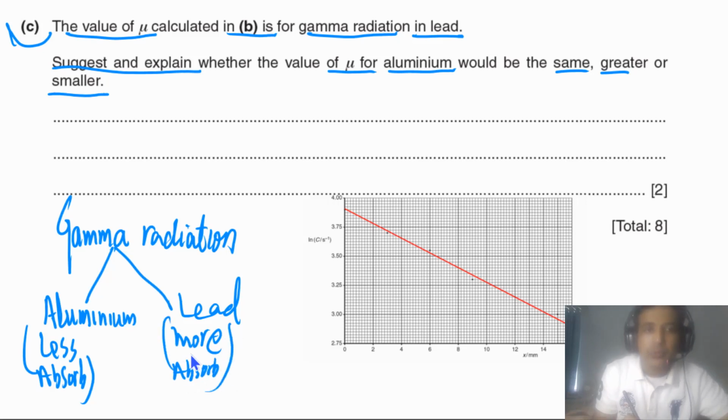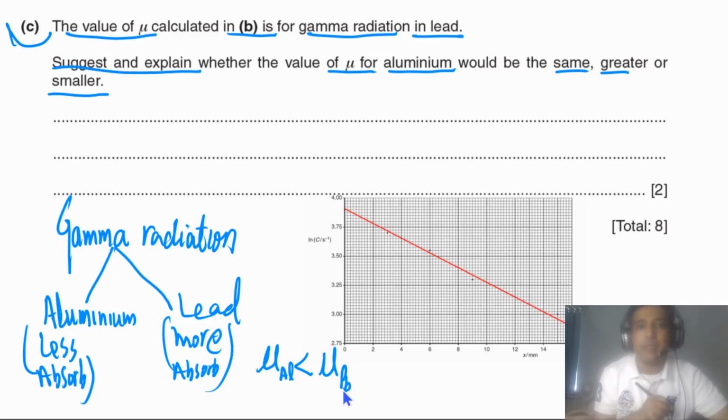If it absorbs more, it means mu will be greater for lead and mu for aluminium will be less. So we will simply say mu for aluminium has to be smaller as compared with mu for lead, means for Pb. So if mu is smaller, it means the gradient for aluminium also has to be shallower as compared with gradient for lead.